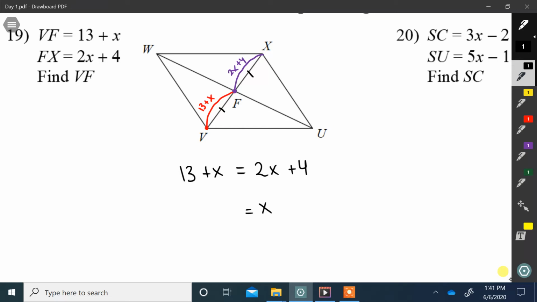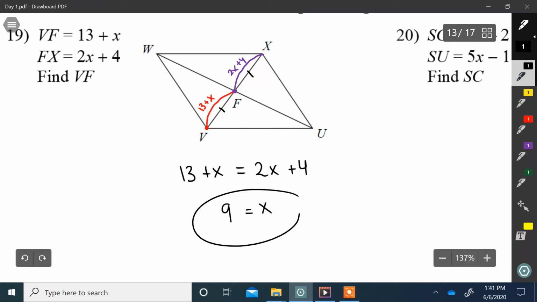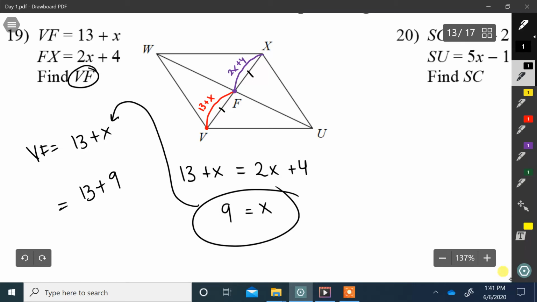So I subtract x on both sides, I subtract 4 on both sides, you get 9. That's not your final answer. You're looking for BF here, and we already know that BF is 13 plus x. Well, I'm gonna replace that x with the 9. So 13 plus 9, of course, that's gonna be 22.